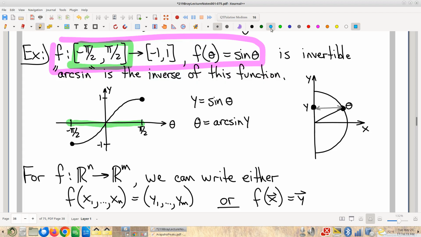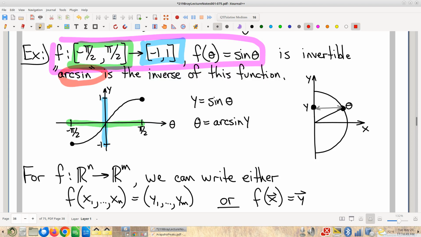And very often people figure, what's the point of restricting the target? The outputs that come out are the outputs that come out. Why do we have to be all fussy about it? Right? Well, I'm going to restrict that here, allowing only these outputs, so that I can then say, and by the way, this function is bijective, aka invertible, and therefore I can talk about its inverse, and that inverse is called arcsine.